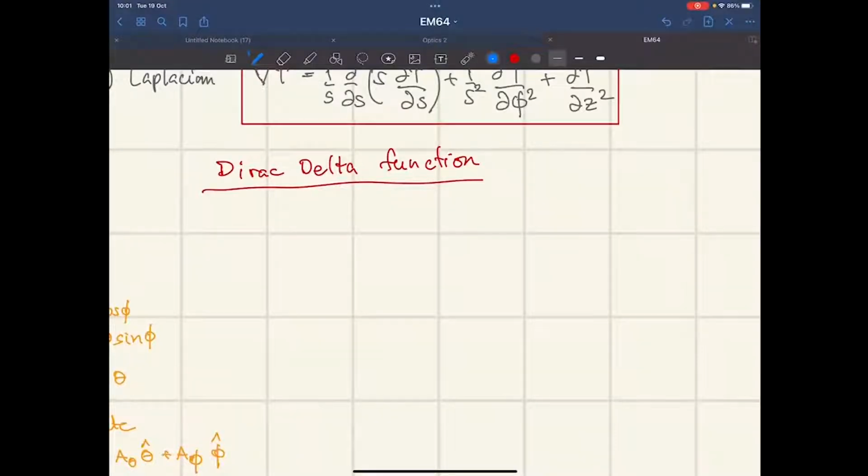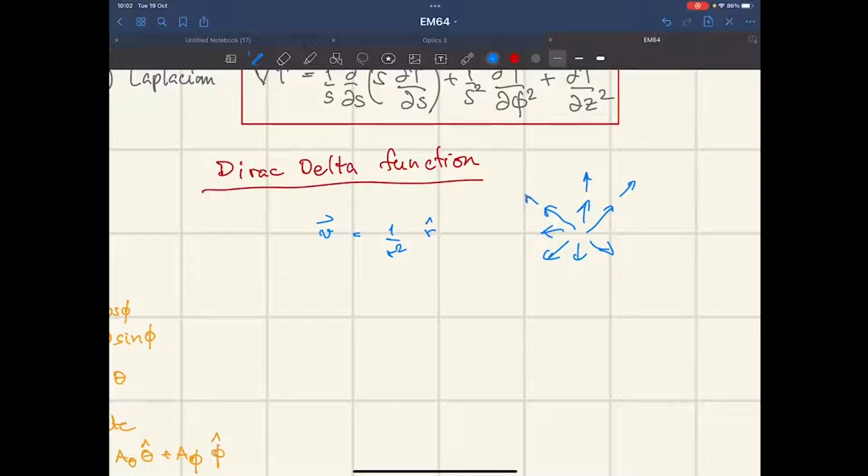Remember, we have a vector function like that: v equals 1 over r squared times the unit vector r. If we look at this vector, we have a vector going outward like this, and the further away, the shorter the vector.